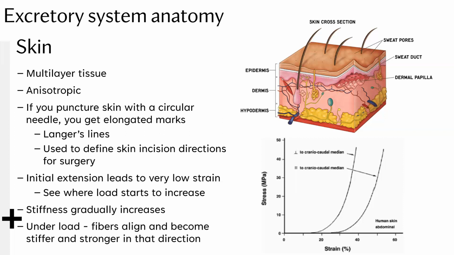So if you puncture skin with a needle, you'll see that the hole would elongate in one direction, meaning that you've got more tension in one direction than the other. And this varies. If you look at your arm, for instance, the skin in your arms versus the skin in your individual fingers, each of those have a hoop stress, which is different from the longitudinal stresses. And these various stress levels mean that you have higher stress in one direction and not the other.